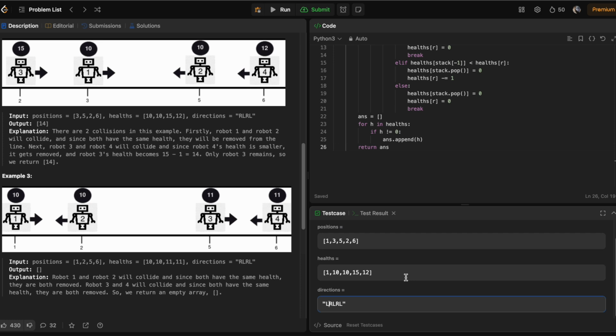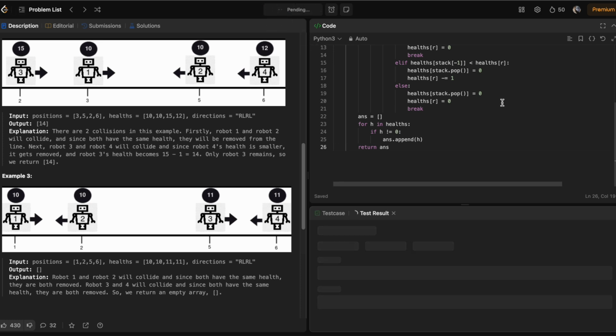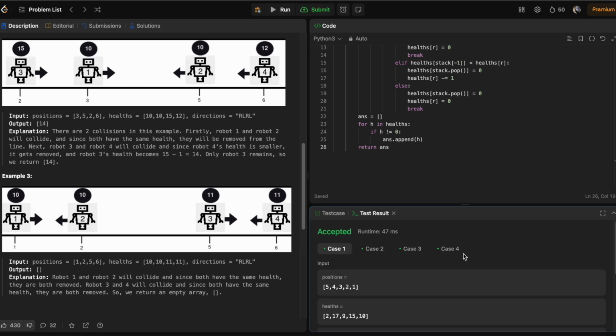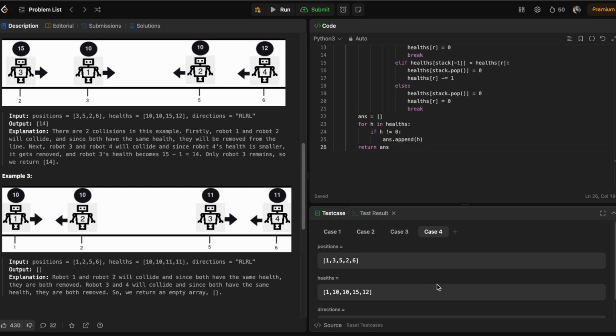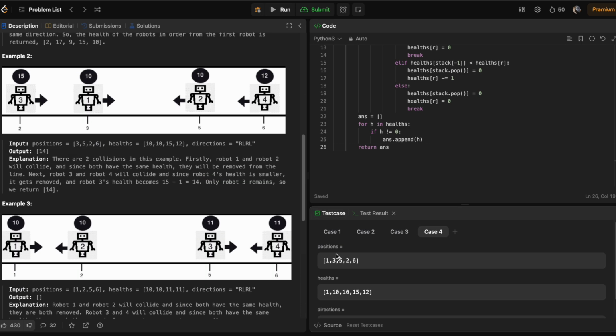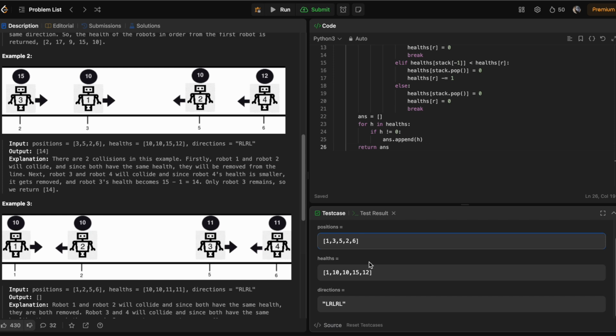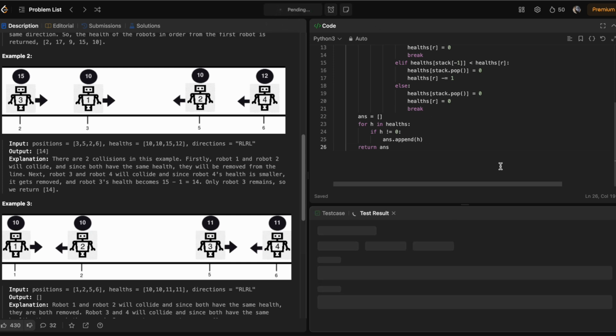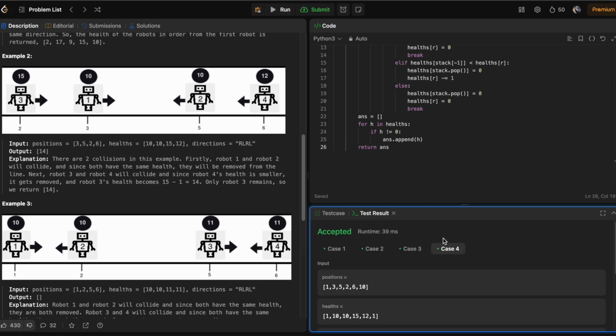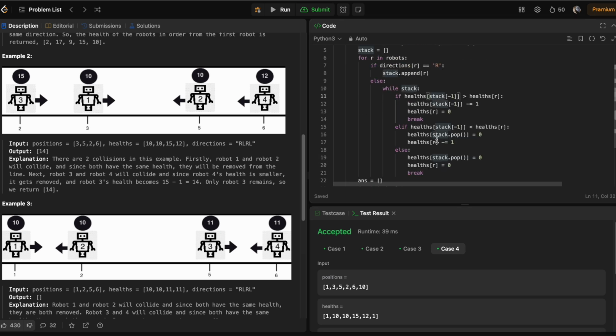So in theory, this should not collide with anything. It works. What about something that's not going to collide with anything going right? Okay, I'm pretty sure the code works, but why not? So we do 1 R. Yep. Okay, I'm just gonna go ahead and submit this.